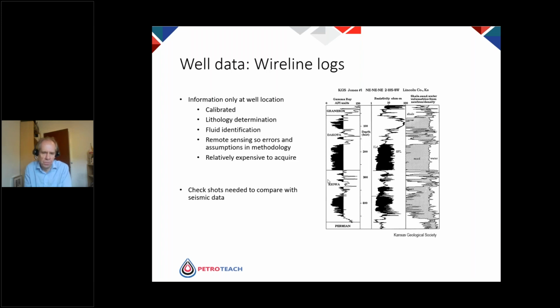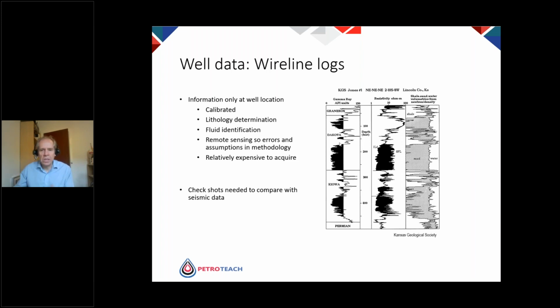So we need to have check shots, and this is something we have to spend quite a lot of time doing to match up our well logs with our seismic data. That's because the seismic data a lot of the time doesn't actually match the well logs. We have times in the wells from the check shots, and the seismic processing doesn't necessarily match that. So we have to do some kind of corrections. There are good ways of doing it, and there are more controversial ways of doing it, but we need to match them up.